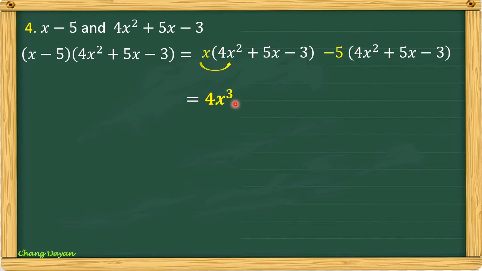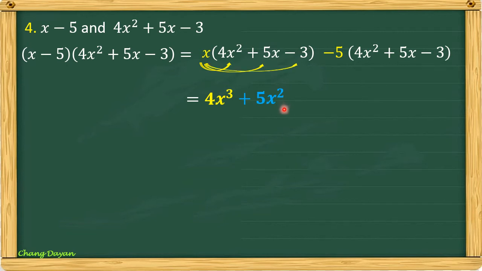We just add the exponent of x here, which is 1, plus the exponent of 4x squared, which is 2. So, 1 plus 2 will get 3. Next, x multiplied by 5x will get 5x squared. Again, the exponent came from the exponent of x here, which is 1, added to the exponent of 5x, which is 1 also. And then if you add this, we'll get 2.